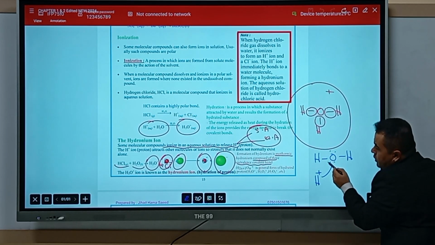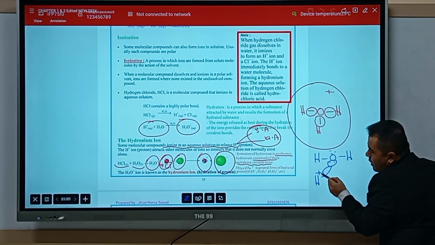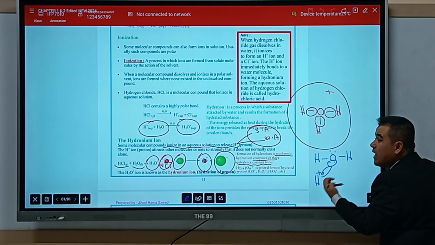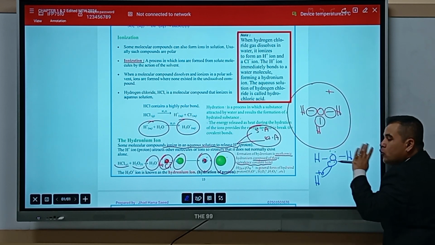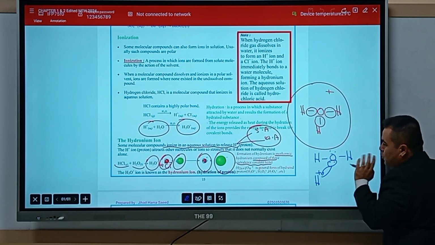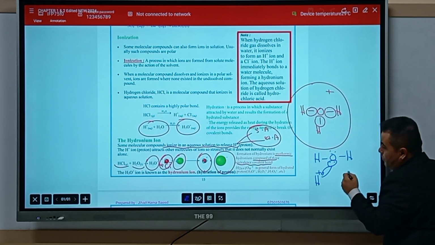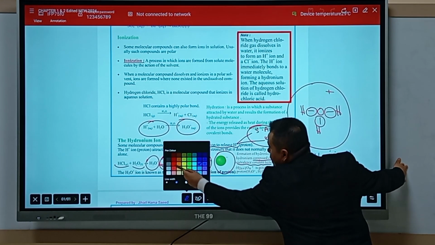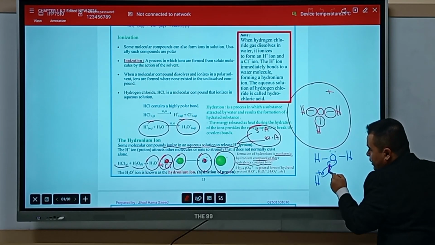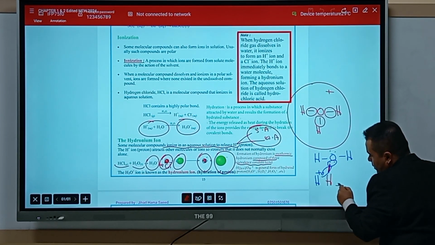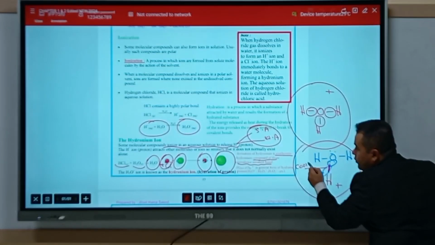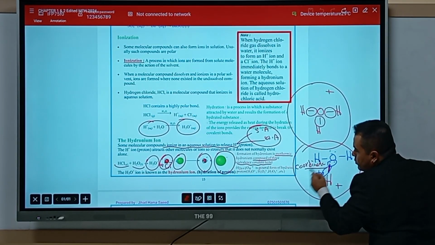Then the oxygen donates a pair of its electrons to the proton. Why? Because the proton has no electrons to share with the oxygen. The third bond with the proton is specifically called a coordinate covalent bond.